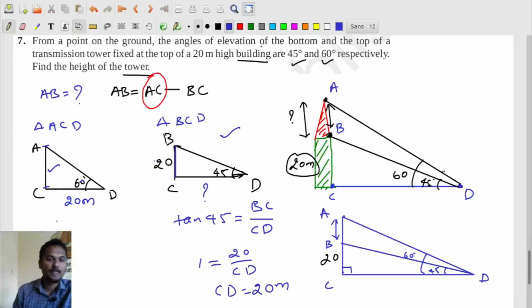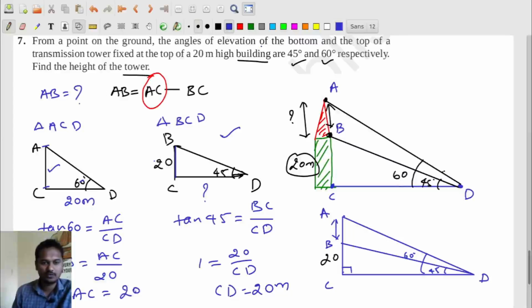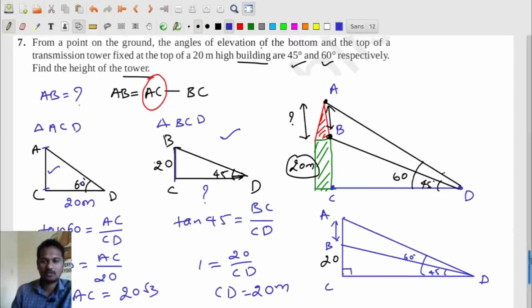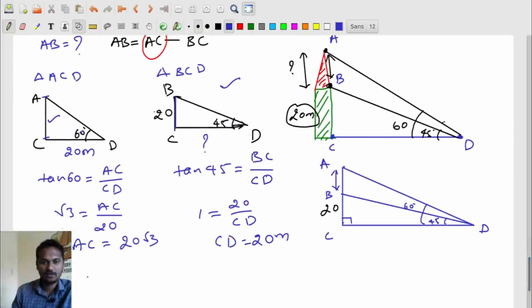Again, opposite by adjacent, tan 60, opposite is AC, and adjacent is CD. So tan 60 is root 3, and CD is 20. If you cross multiply, you will get AC equal to 20 root 3. Fine, you got AC is equal to 20 root 3.